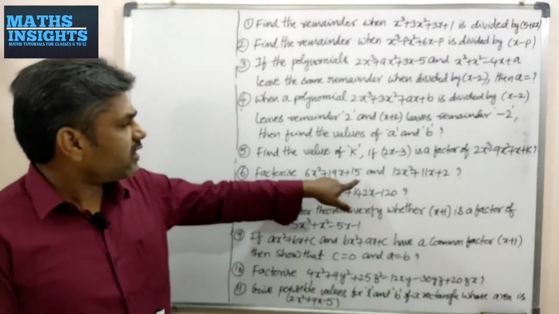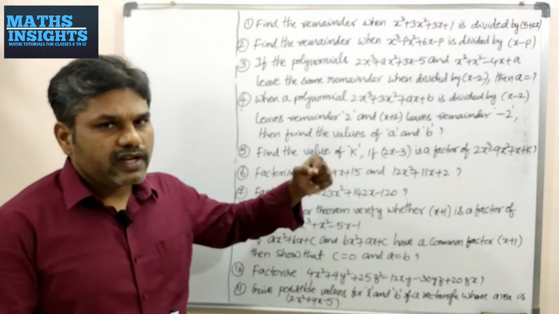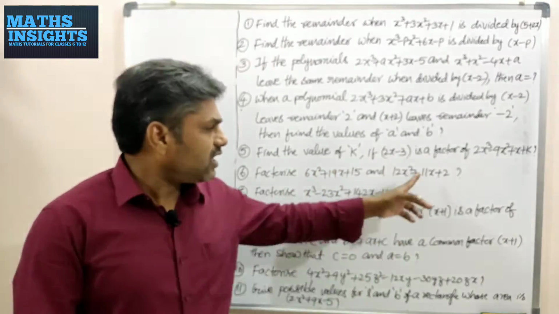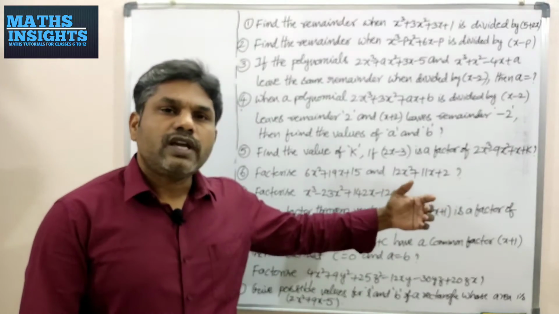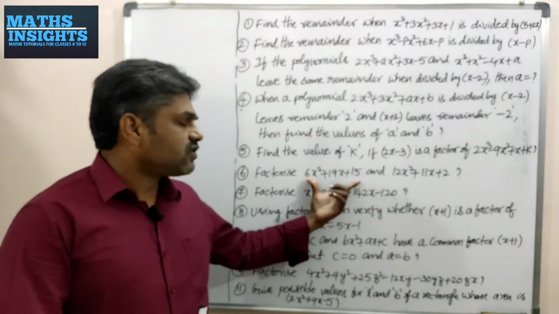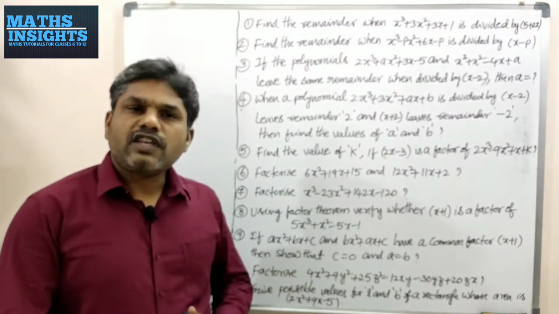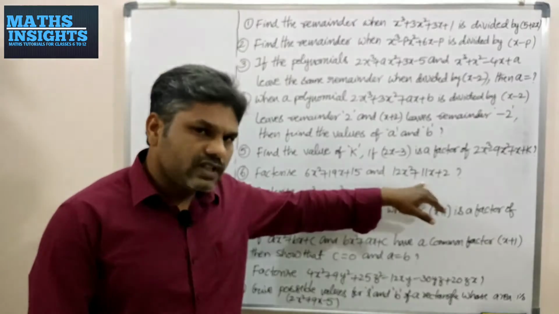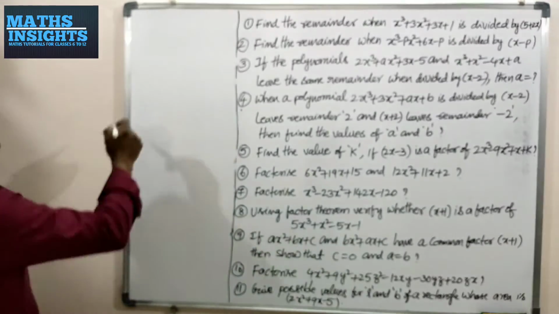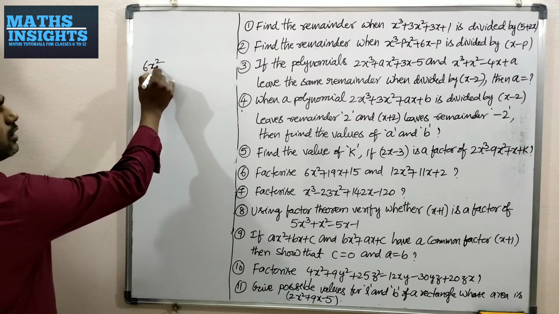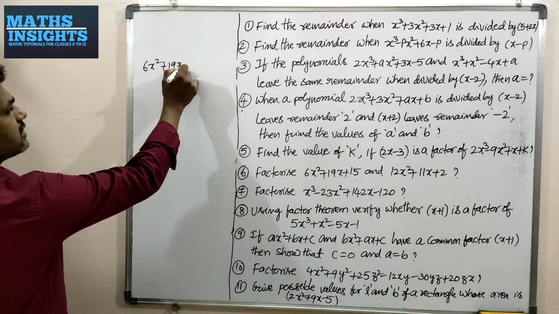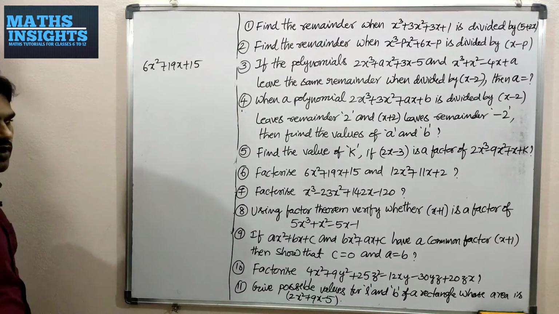Therefore, you have to factorize this polynomial and find the two factors, and in this case also you have to follow the same method. I will solve this one based on the same concepts. You have to solve this also. Okay, so 6x square plus 19x plus 15, this is the polynomial.